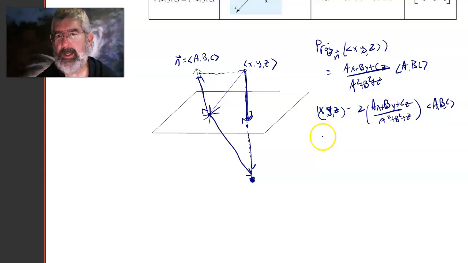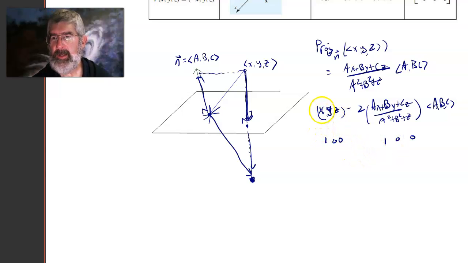If I plug in 1, 0, 0 for the x, y, and z, then the x coordinate is going to be a 1 from this one.